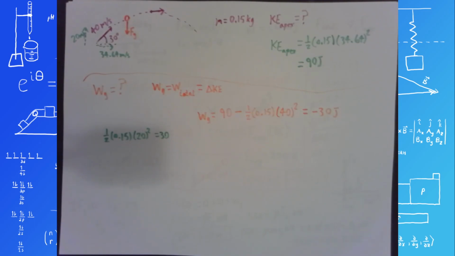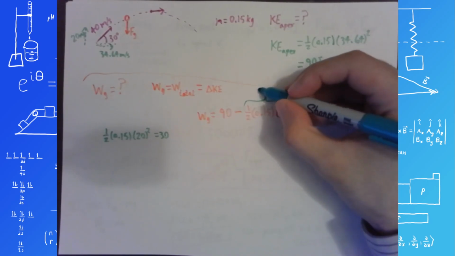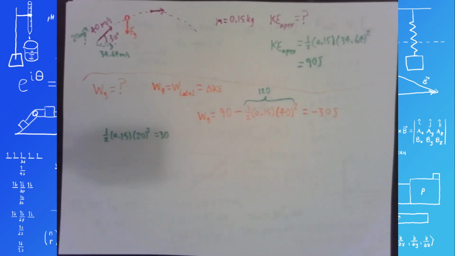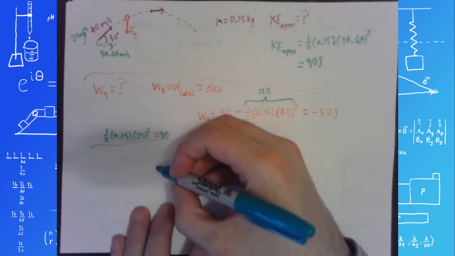Actually, in this case, I think it might be, right? Because we said this was 120. Oh. Well, that's not supposed to happen, but I guess this is just a special case. Interesting. Wait. Actually, does it work? Hold on. I might be wrong here.